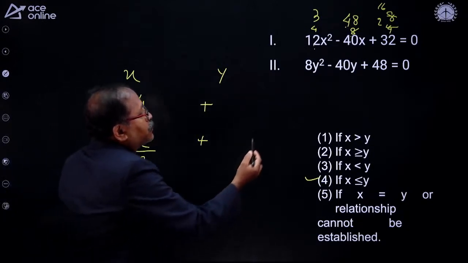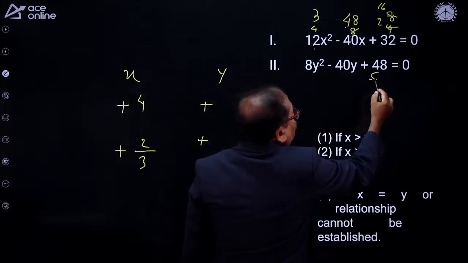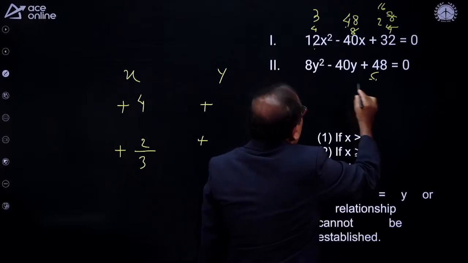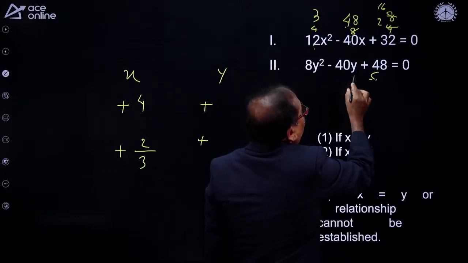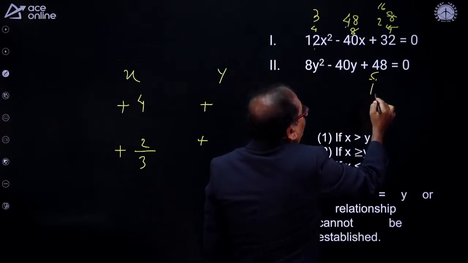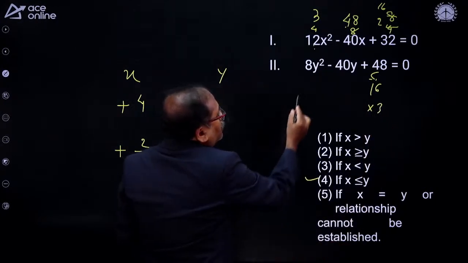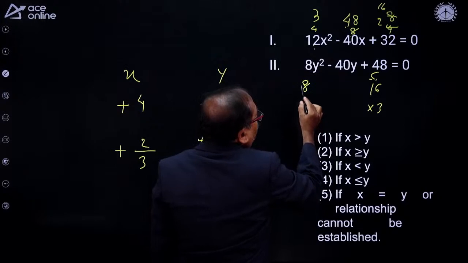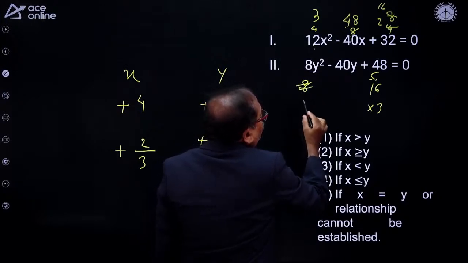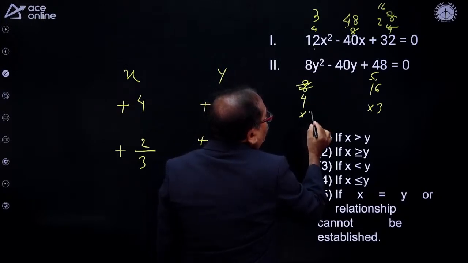Okay. The next one, what about this one? I need the 40 over here, and again 48. Can I write 16 into 3? And here 8 can be written as 4 into 2.